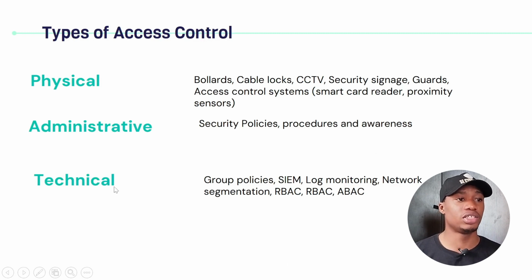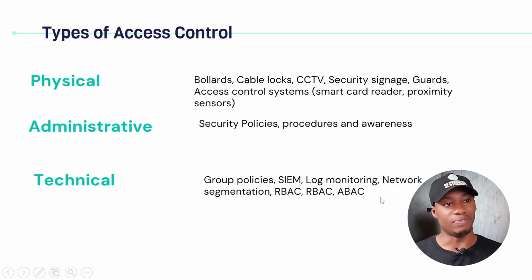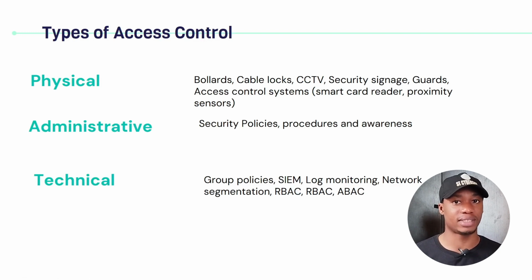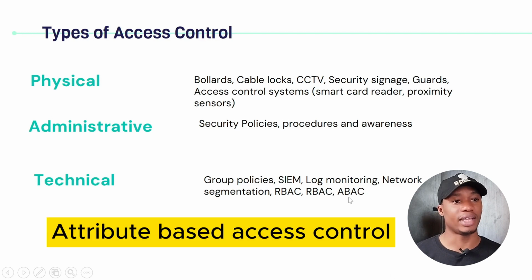Then this other one is technical. By technical, I'm not talking about all these devices that they put in place, this SIEM, this IDS, IPS, firewall, and all those things. There are technical controls that are put in place. So we have group policies, we have SIEM, we have log monitoring, we have network segmentation, we have RBAC, which is supposed to be role-based access control, and then we have ABAC.